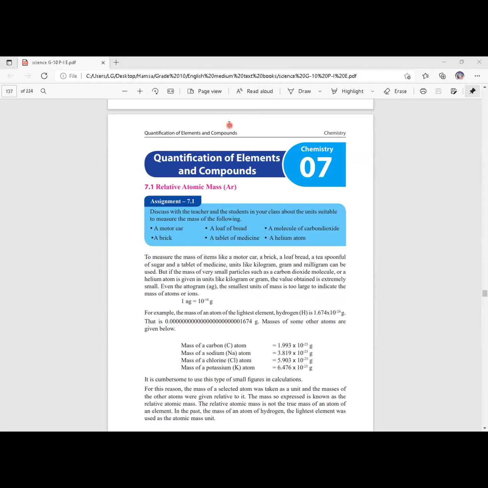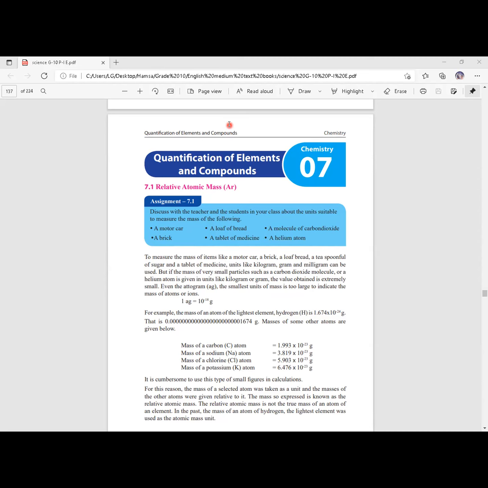Kilograms. Okay. A loaf of bread. Grams or kilograms. Okay. A tablet of medicine. Milligram. Right. So we all know up to this, right?